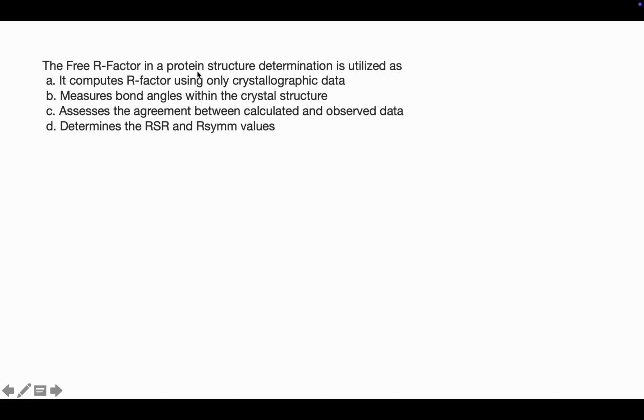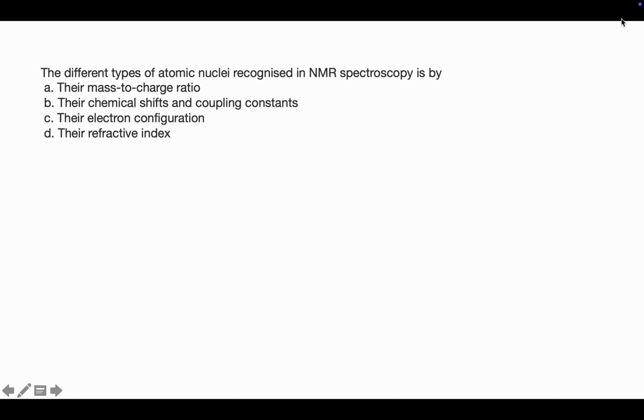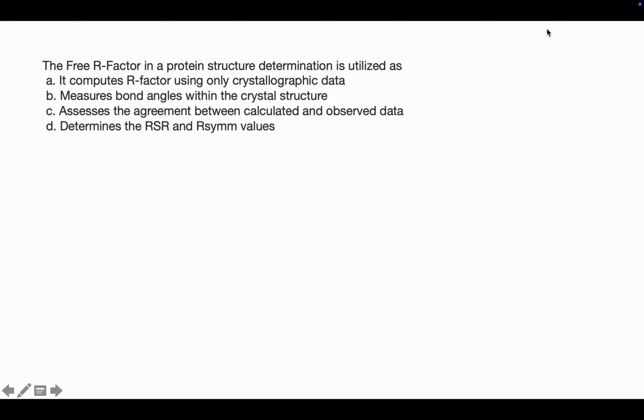The free R factor in a protein structure determination is utilized as it assesses the agreement between calculated and observed data.